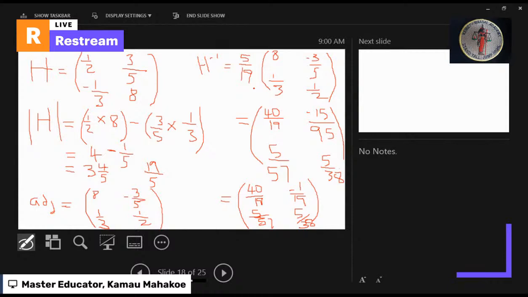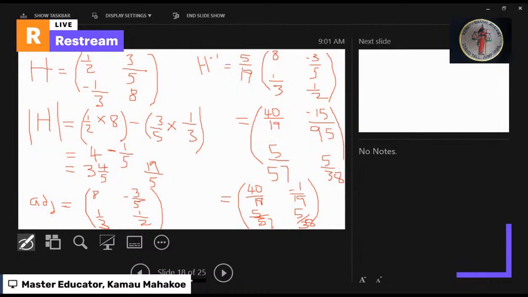So let me know if there are any questions. All right, so that's it for the inverse of a 2x2 matrix. So remember the 2x2 matrix, 2 rows, 2 columns.